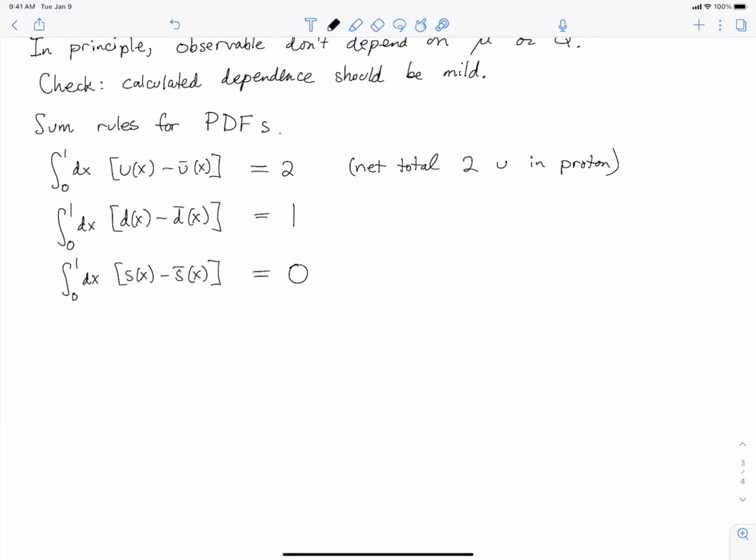That's just saying there's no net strange quark content in the proton. It's 2 ups and a down. In fact, even before you integrate, they're equal to a very good approximation. They're not exactly equal, but s of x is very close to s bar of x. The only reason it's not exactly true is because of some effects in the weak interactions, which are very small for this.